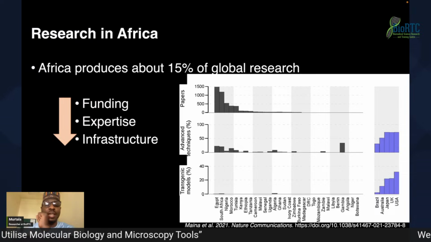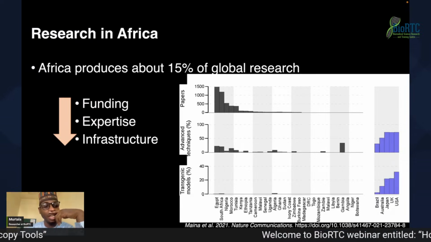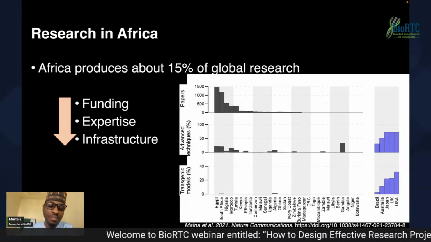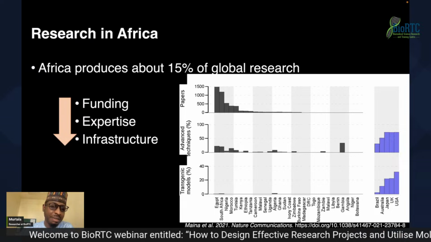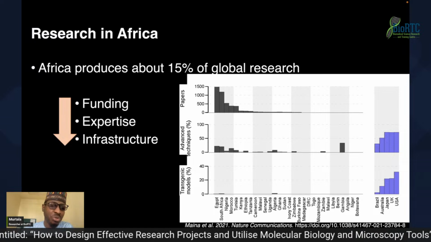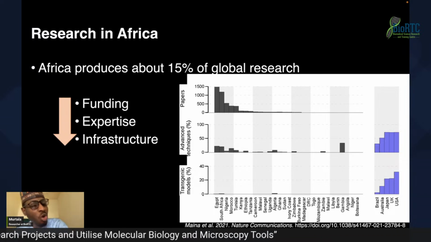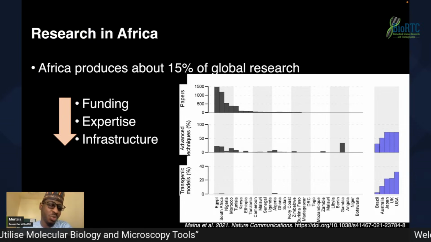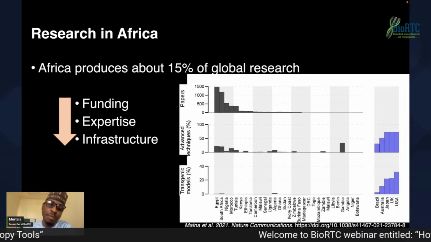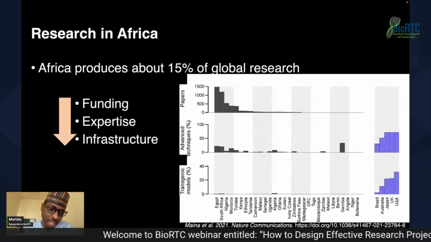We already know that the problems of research in Africa include, and are not limited to, low funding, low expertise, and poor infrastructure. According to many reports, Africa produces just about 15% of global research, but of the global burden of disease, Africa bears more than 25%. So there is a disparity between what Africa is doing in terms of research and what it should be doing in terms of what is affecting it.